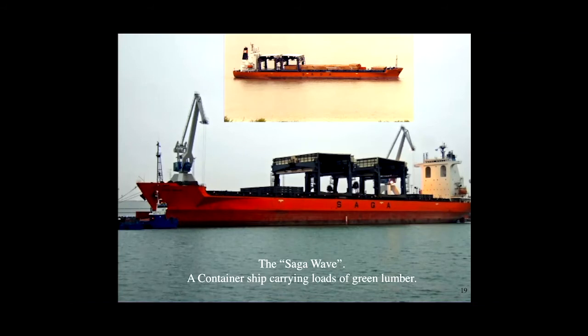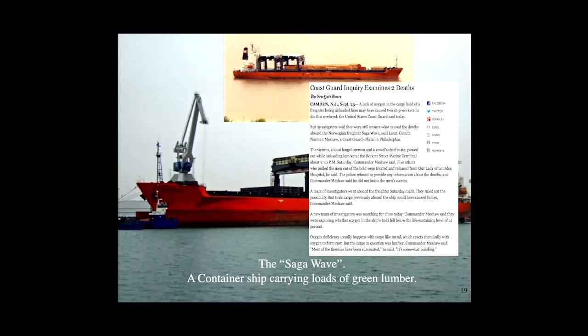When it arrived, one of the longshoremen went down into the hold and he passed out. They didn't know what the problem was, maybe he had a heart attack. So the first mate of the ship went down into the hold, and he also passed out. No one else was going to go down into the hold after that. And that was unfortunate. Eventually they did go down, and those men were dead.